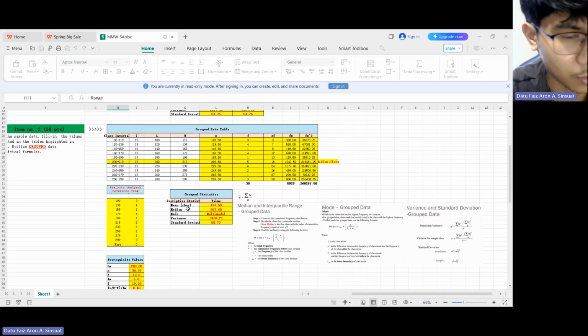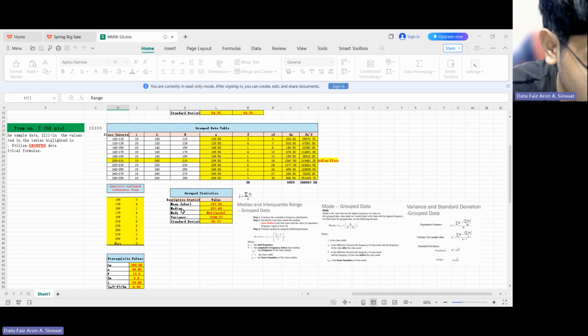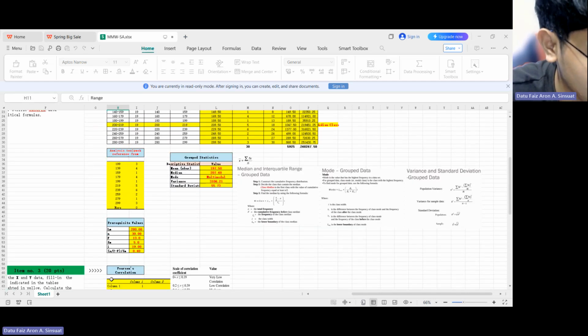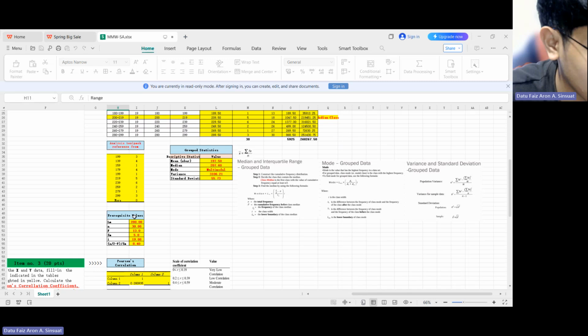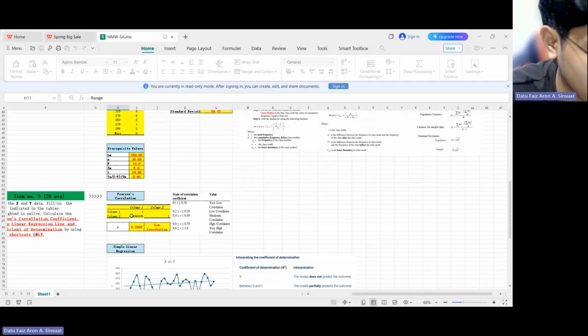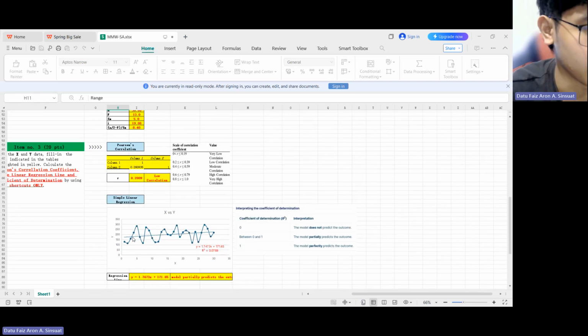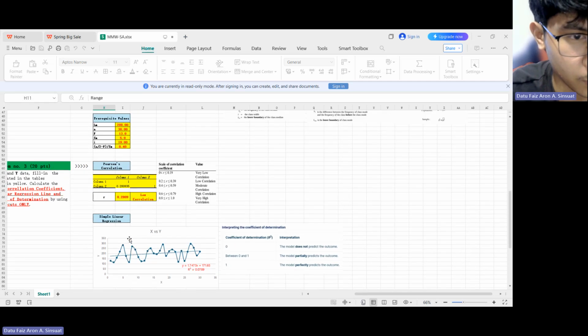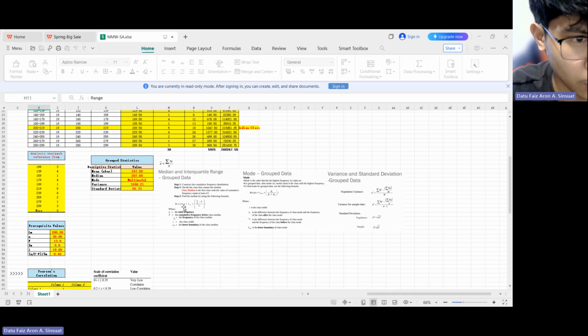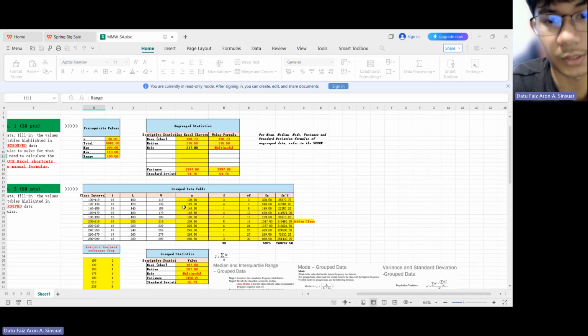Then another formula, the Pearson correlation between column one and column two, and a simple linear regression. Yeah, that's it. We're going to talk about all of this, so let's start.